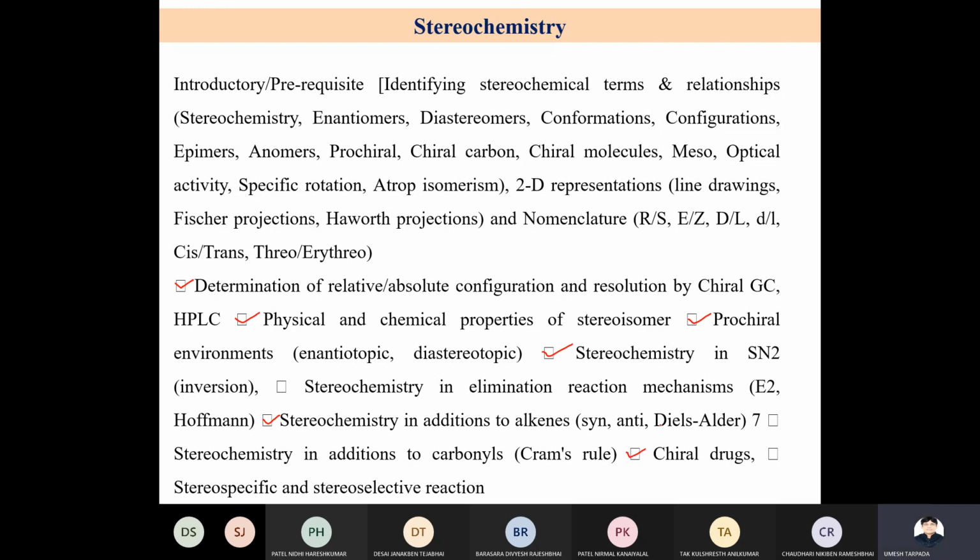So these are the different topics which we are going to cover in this unit.